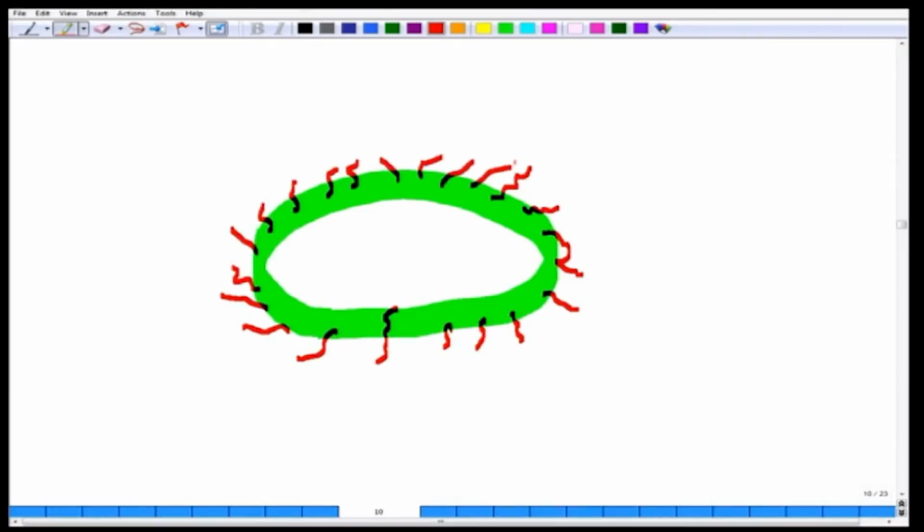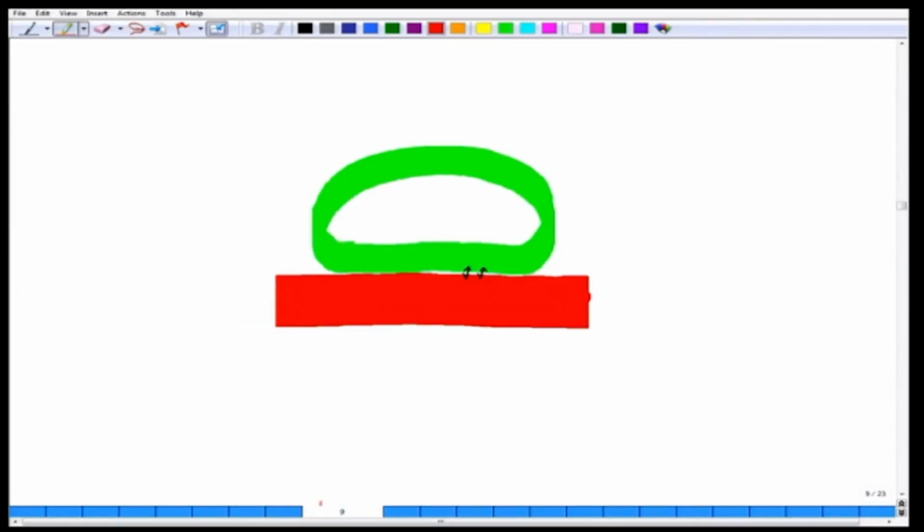So, when this cell, now go back to the previous slide. In the previous slide, if I add this component, I am using a different color just to demarcate the difference. Let me change this diagram a little bit.